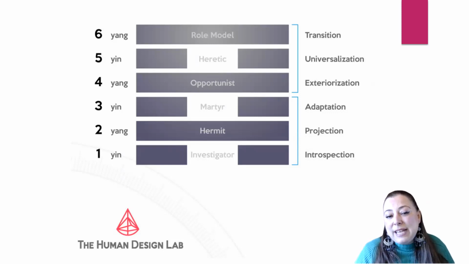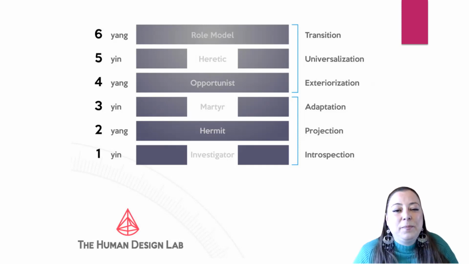And then we have the second line, a yang line, the hermit. It's having a projection field. In order to stay natural and to keep your hermit personality, you need yang energy, which is a penetrative energy.